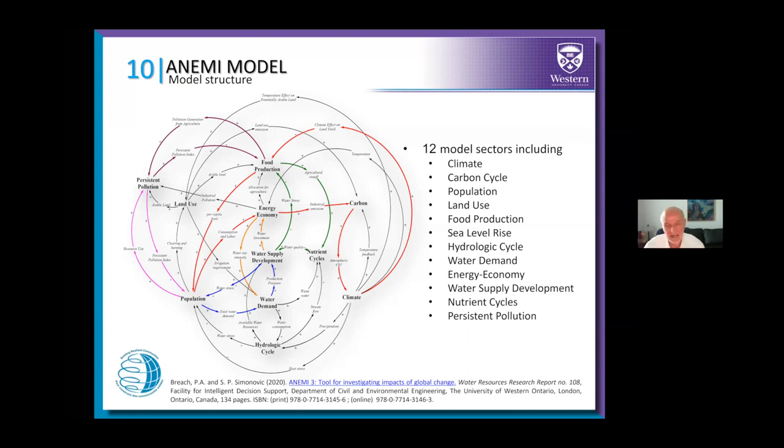This is the high-level structure representation. The model currently has 12 different sectors, from climate, carbon, population, land use, to nutrient cycles, water supply, persistent pollution. And in different colors, if you can see on this slide, are the intersectoral feedbacks.